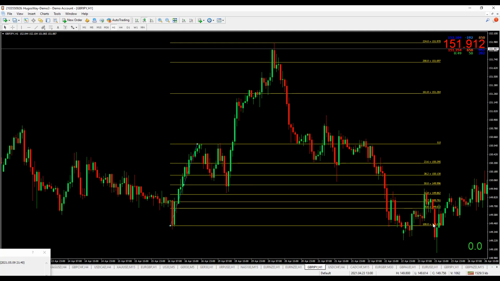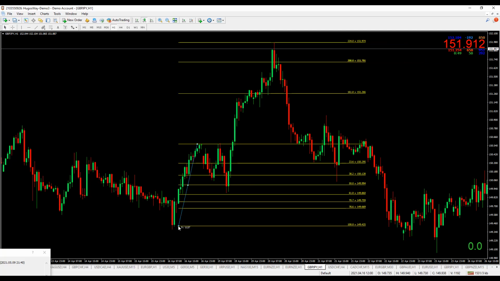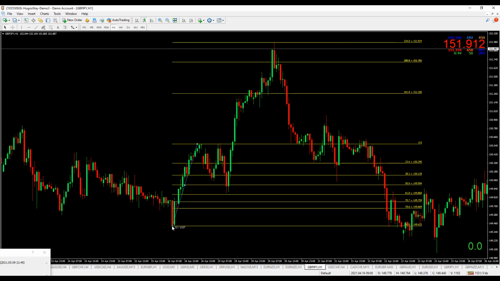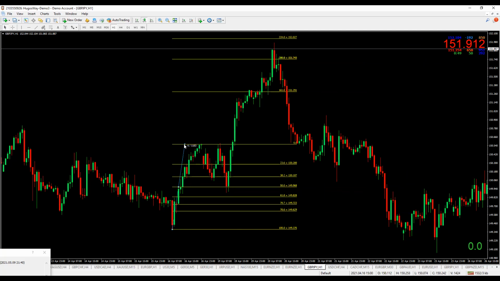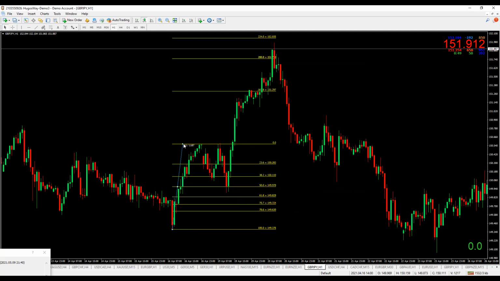I know you might not be able to see this because it's stuck on top of the price there. So let's do it this way. Okay, so we started drawing it from here and stopped there. The starting point is always 0.